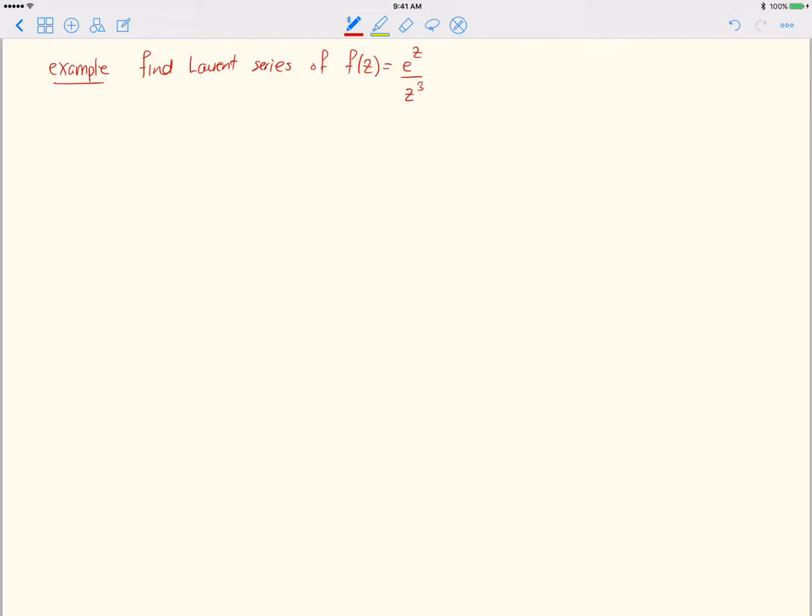Now, sometimes the question will say, for example, find the Laurent series of f of z at z equals 0. That's the point of interest in this case, because f is undefined at 0.